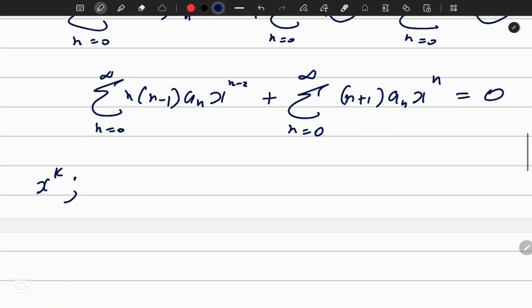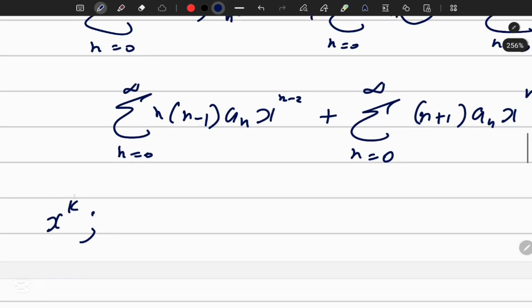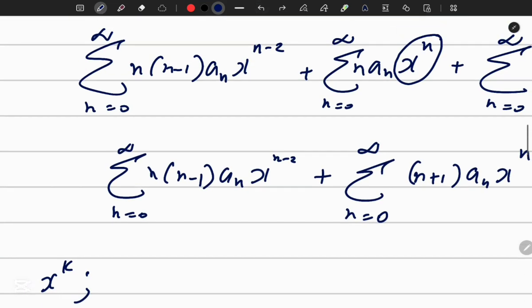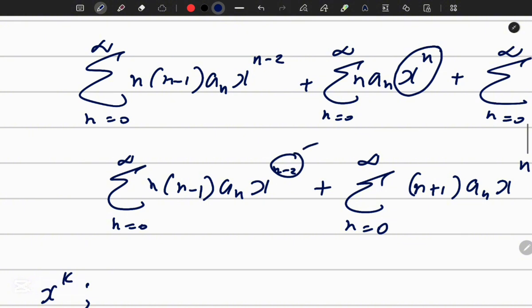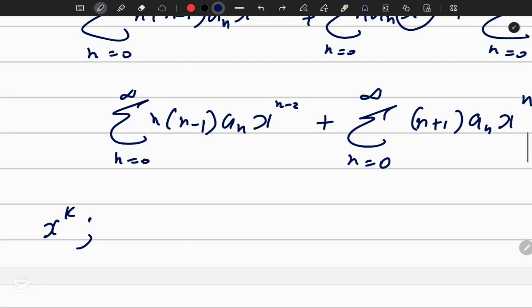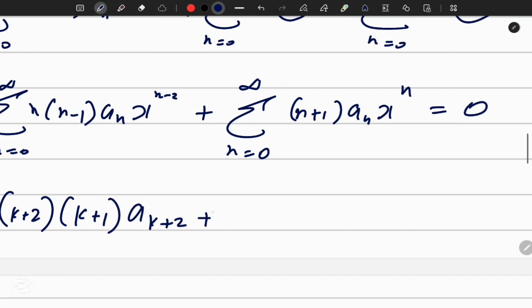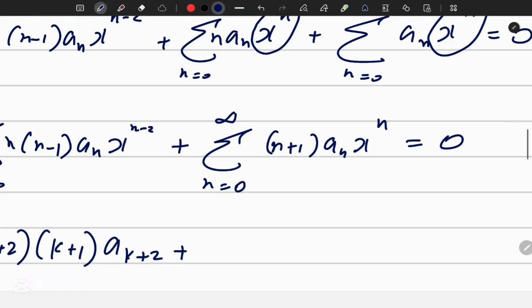If I need x to the k, then in the first sum n needs to be k plus 2, so this is (k plus 2)(k plus 1) a_(k plus 2), plus, for x to the k in the second sum, n is k, so this is (k plus 1) a_k, equals 0.